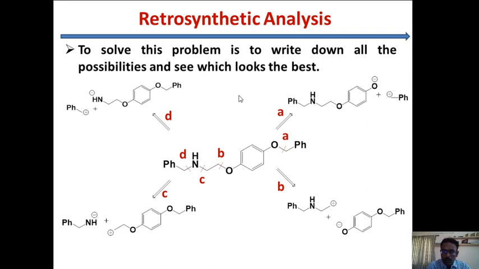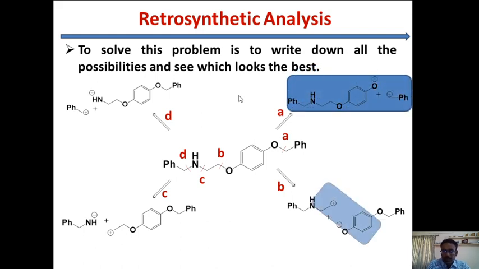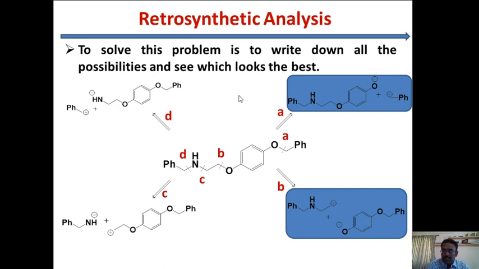So among these four possibilities, you can eliminate some of the pathways by using your chemistry knowledge. What are those? So suppose you take the pathway A, okay, and pathway B, you can simply eliminate this possibility. Why? Because we will see in the next slide. Because it's a bad choice. Why are these two pathways a bad choice?